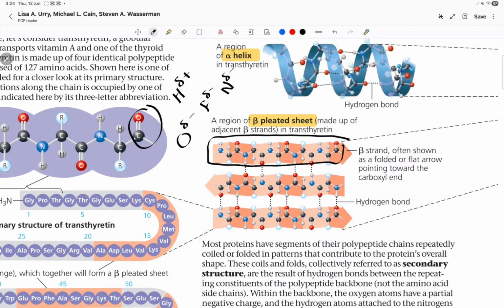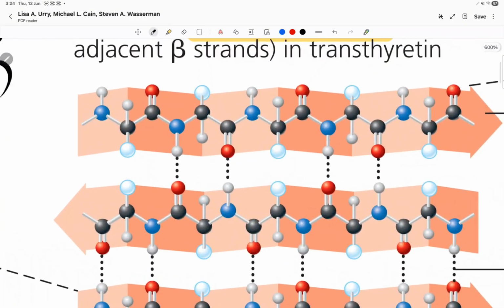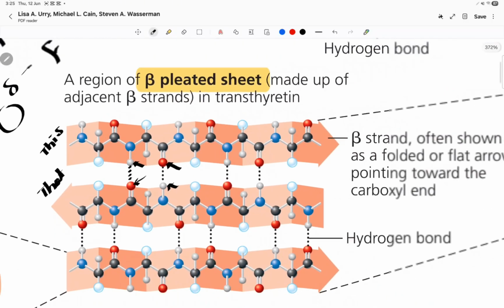It's like a bunch of linked amino acids. And as you can see, a hydrogen bond is just the dots, between this backbone and that backbone to keep them attached to each other. So this is the oxygen and that's the hydrogen, the oxygen, hydrogen, and so on.